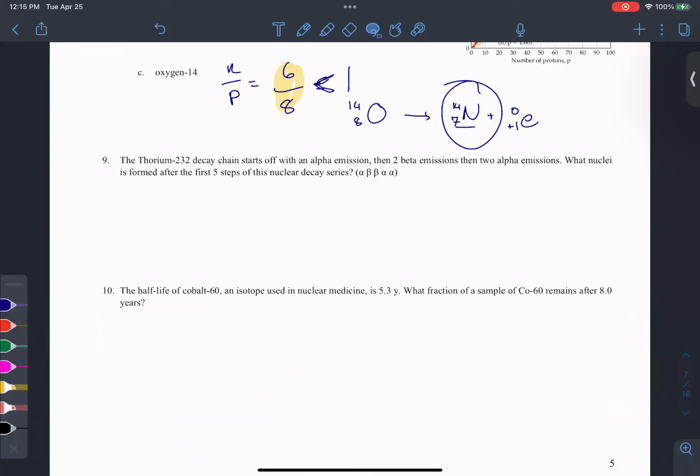For example, the thorium decay chain has a bunch of different emissions that happen until it becomes stable again. These questions aren't about whether you know the steps of the decay chain. It's whether you can predict the product after we give you what steps in the decay chain happen.